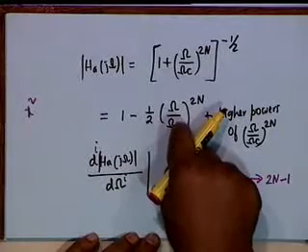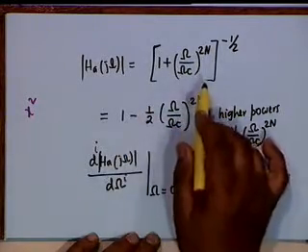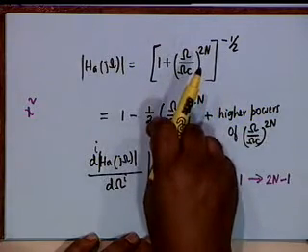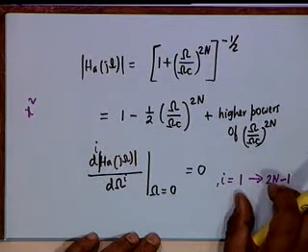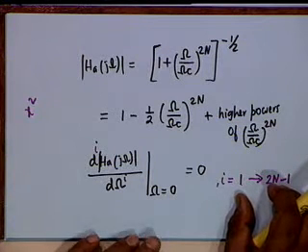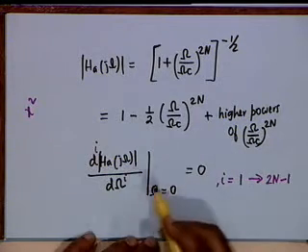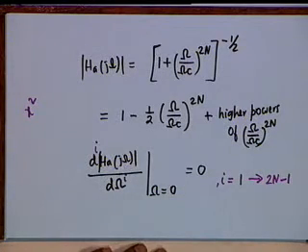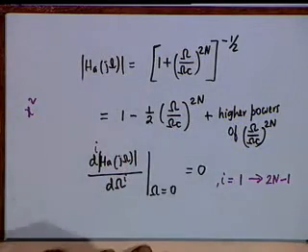The twice nth differentiation will give you a constant, and therefore you cannot think of any other function which will have twice n minus 1 differentiations vanishing at omega equal to 0. If one differential coefficient vanishes for a function at a particular point, we say the function is flat at that point.